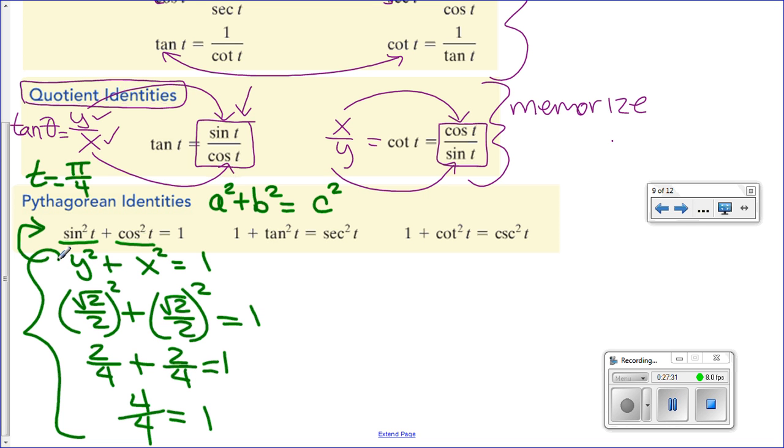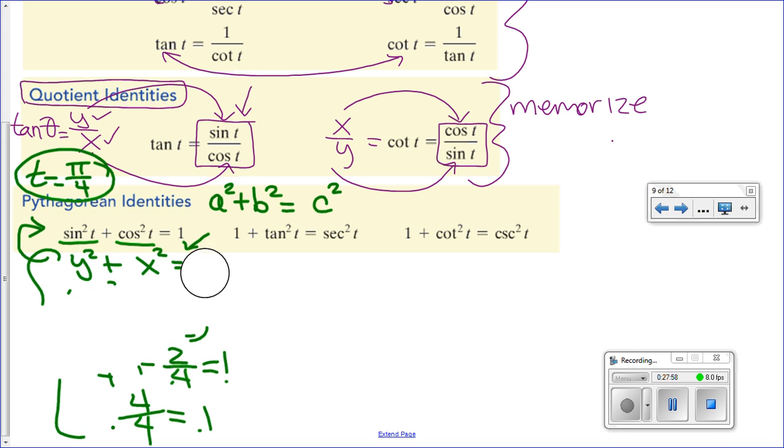And so we use the equation of the unit circle, which is here. We use the angle t equals pi over 4. So the sine of pi over 4 is the square root of 2 over 2. The cosine of pi over 4 is the square root of 2 over 2. If we square those two quantities, we will get 2/4 plus 2/4, which equals 4/4, and that is equal to 1. So that kind of proves why the identity works and where it comes from.